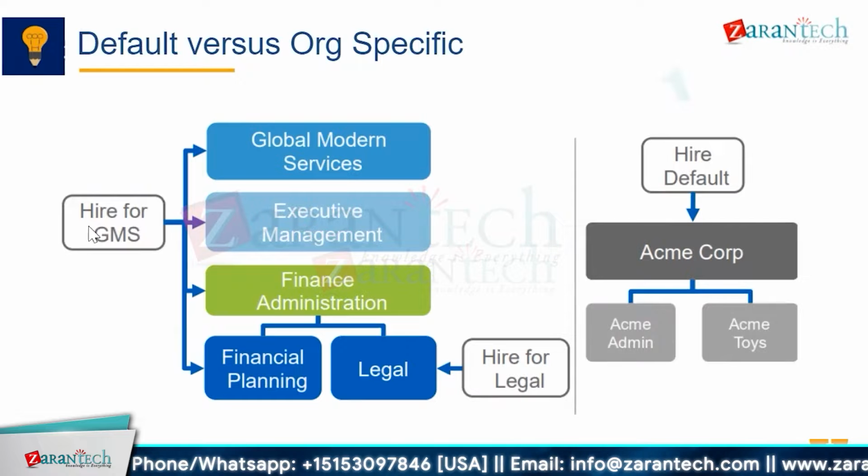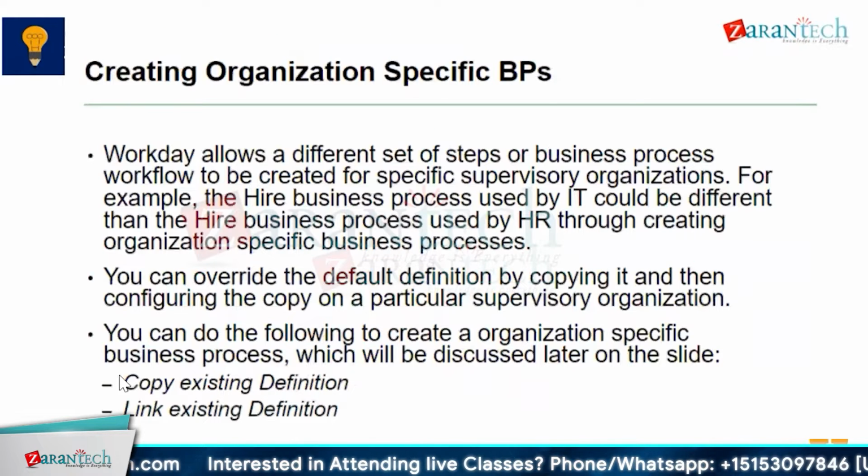So if I make any changes to this business process, it's going to affect the supervisory org. It's going to be effective for this as well. So that's the difference. Generally, it just depends again on the need.